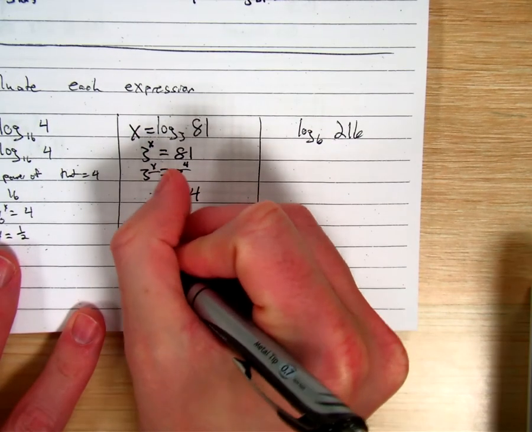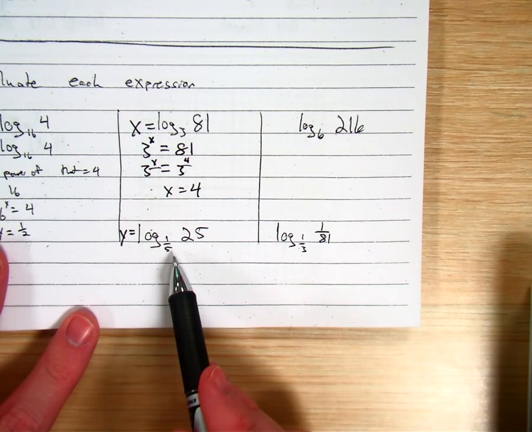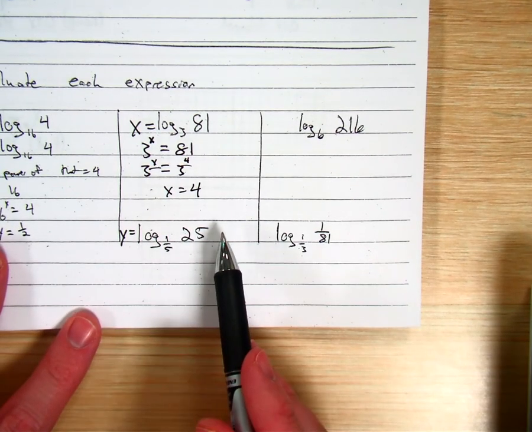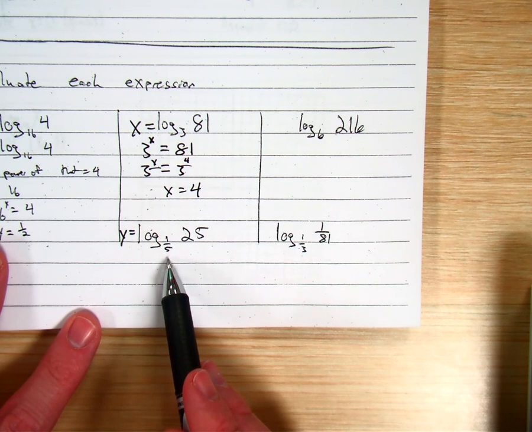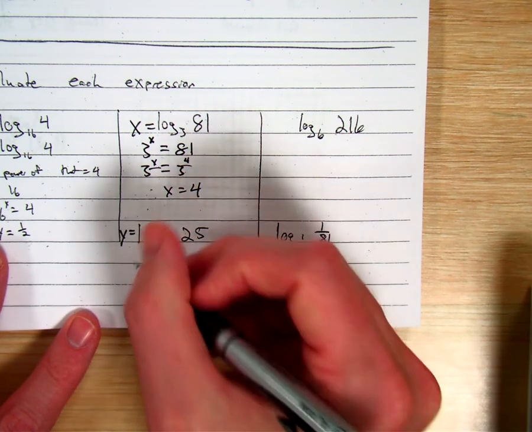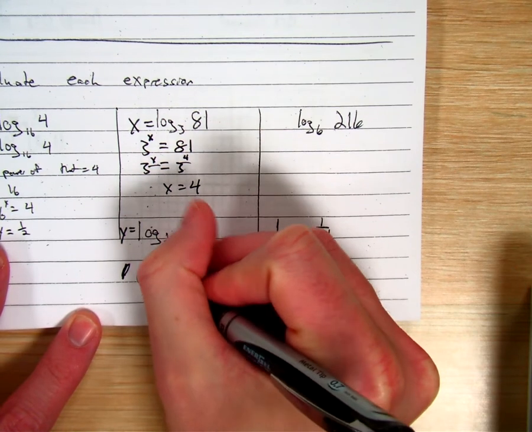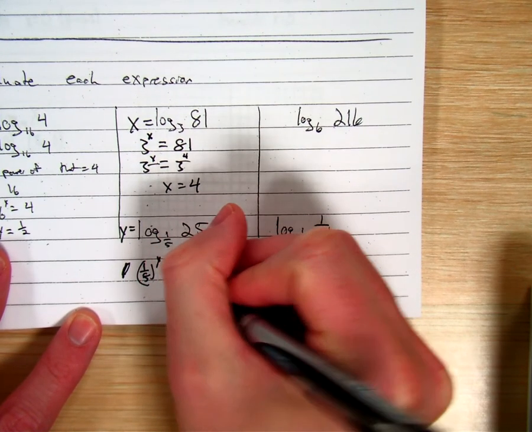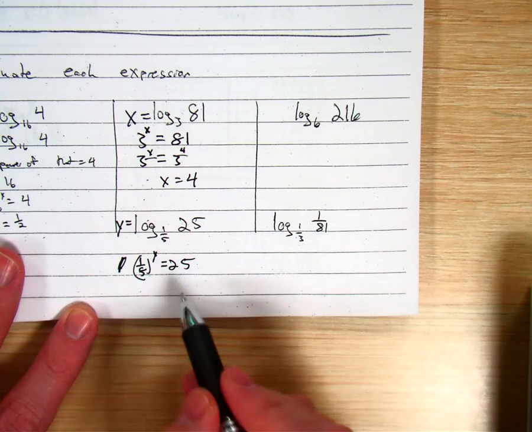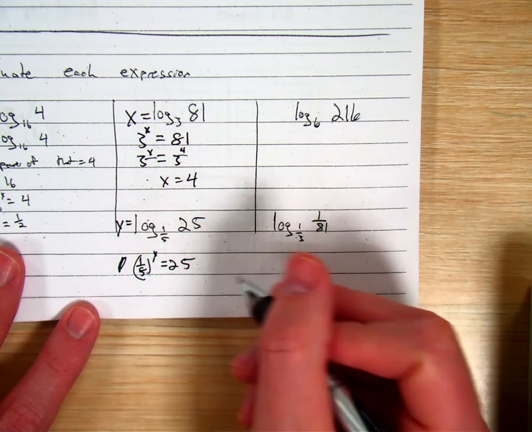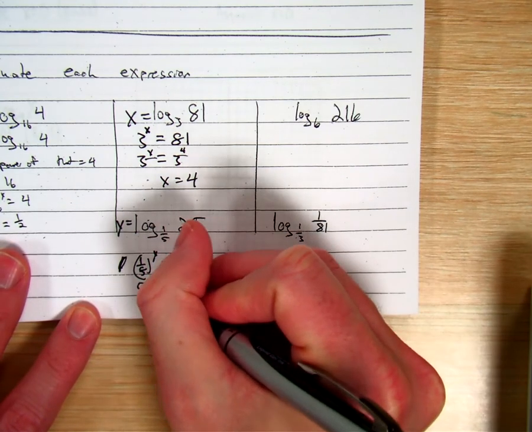Let's try another one. Y equals, or x or z or whatever, log base 1/5 of 25. So y is the exponent of 1/5 that gives me 25. So we got 1/5 to the y power equals 25. Okay, maybe we want to rewrite these both as 5s.